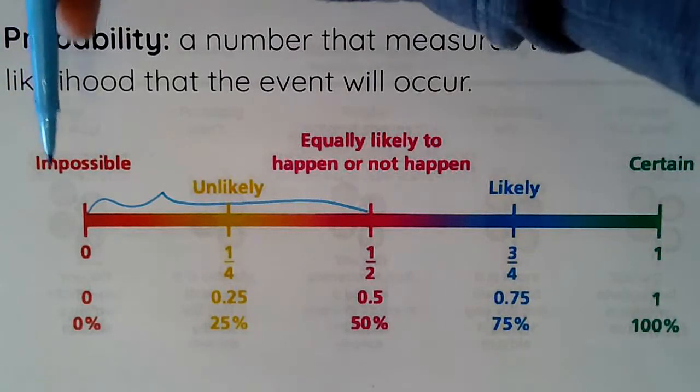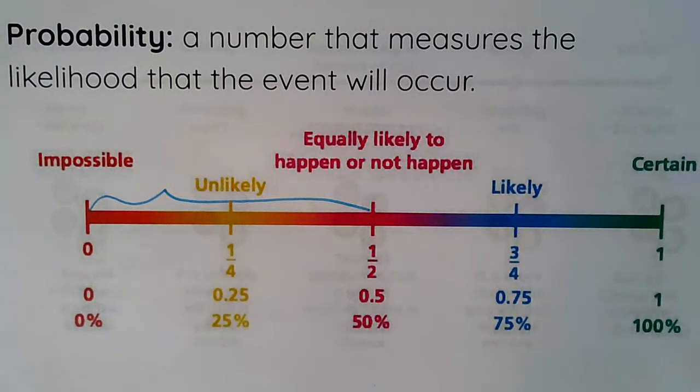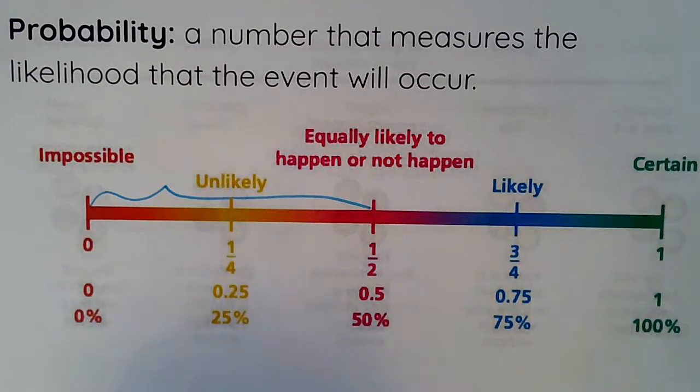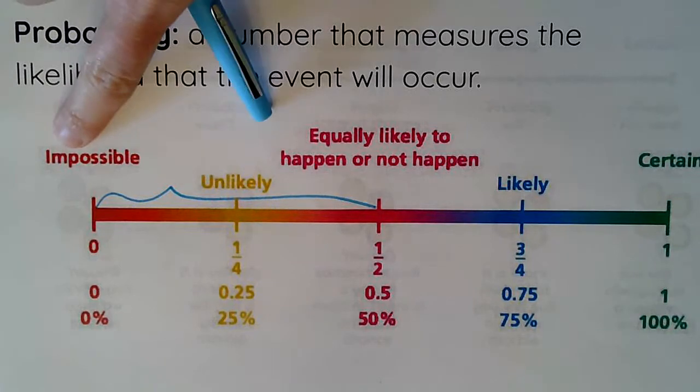The lowest would be a value of 0. Now we can convert those to percentages if we would like. We can say a 0% chance or a 100% chance. Now, if we have a 0% chance, a 0 as our likelihood, that means that the event is impossible.